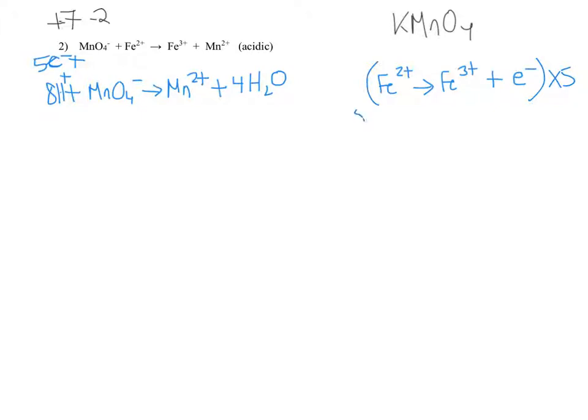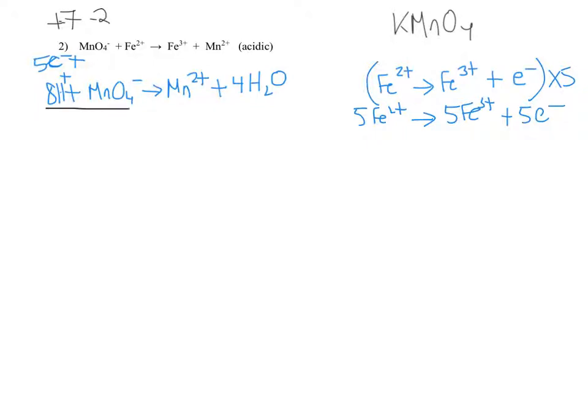So that would give me 5 Fe2+ yields 5 Fe3+ plus 5 electrons.